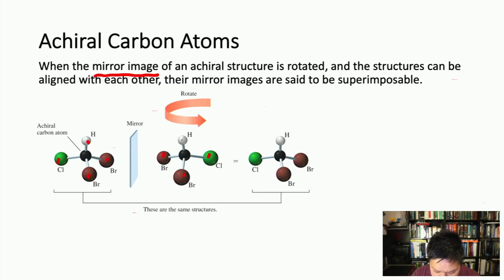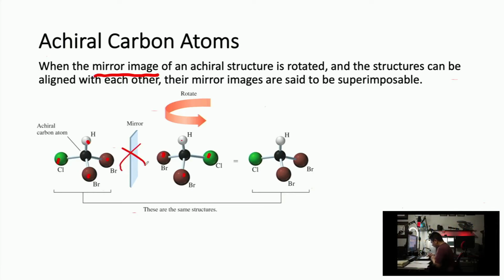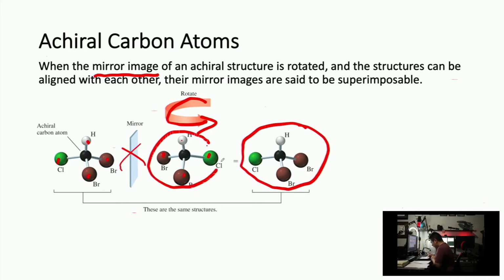But then when you get rid of the mirror and just rotate the one that was on the right around, it actually looks like they're the exact same molecule, because both bromines that were on the back side over here are now over here, just like they are for this one.